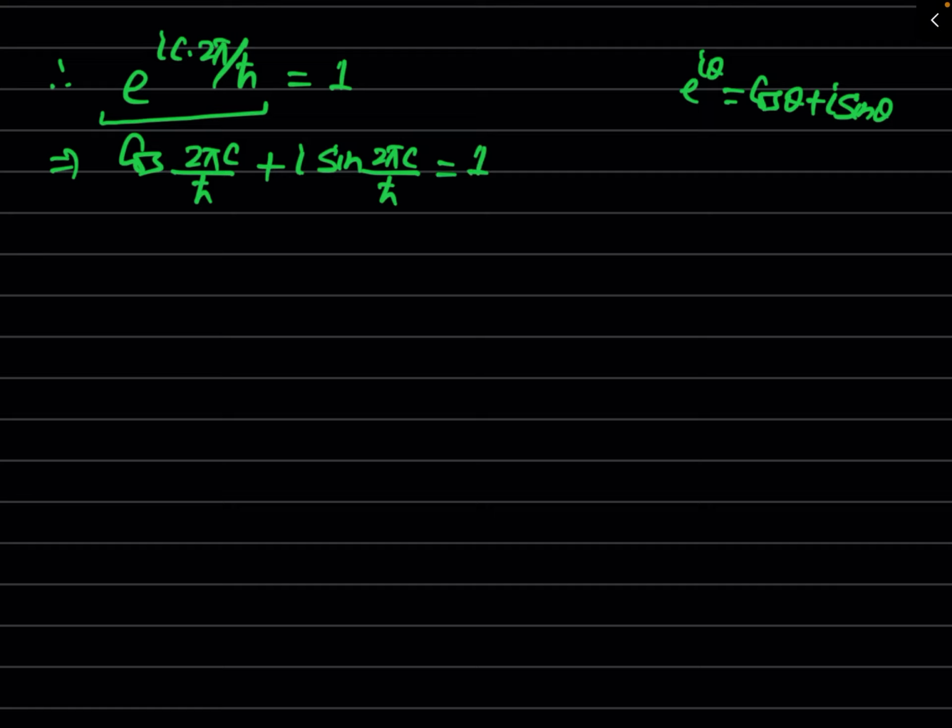Now see, in the RHS there will always be 1 for all values of c over h bar.